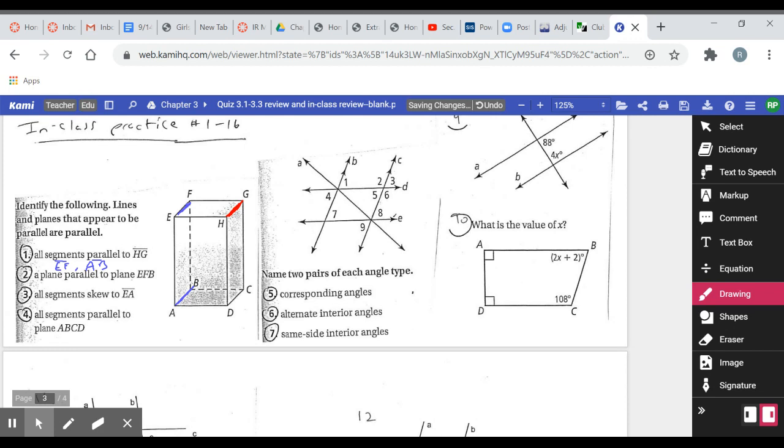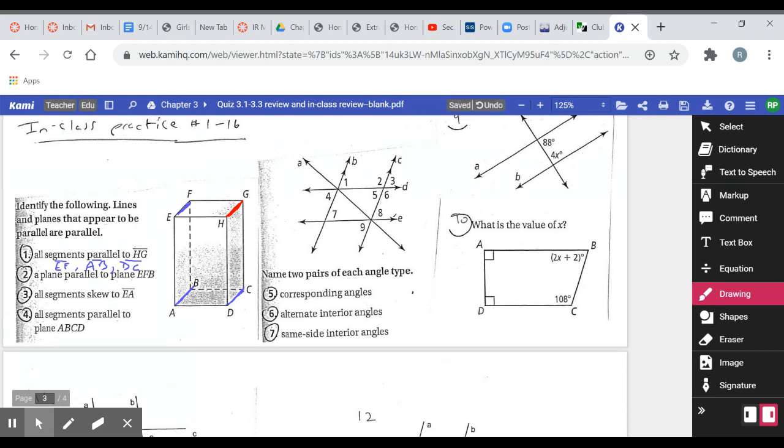Even though it's kind of a diagonal, I could take a saw blade and slice through in a diagonal fashion through that box and hit all of both of those lines. So they are still in the same plane and they're facing the same direction and they would never intersect if you extend them out. And the last one is DC. So those are 3 options for number 1.